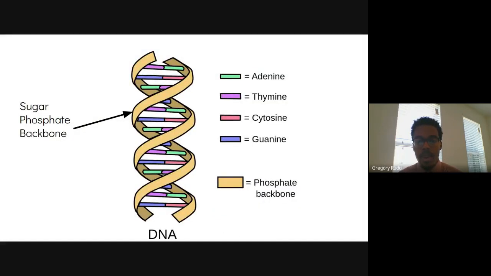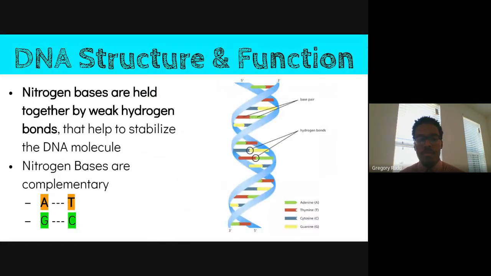So here it is again. We've got the phosphate backbone, which is made up of the deoxyribose sugar and the phosphate group. And then the nitrogen bases are in the middle. This is something that you should write down, and it's something that you'll talk more about in chemistry as well.